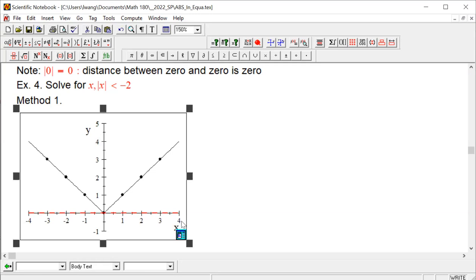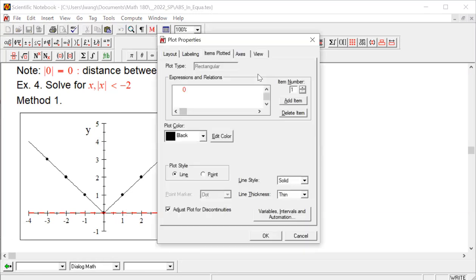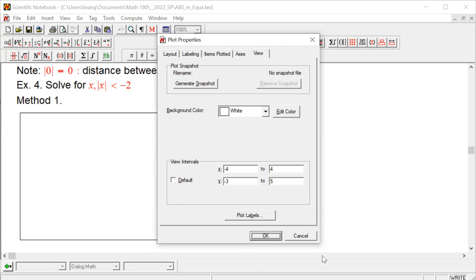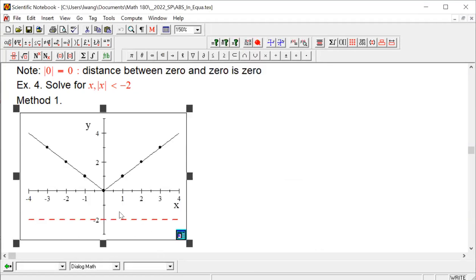Less than -2. So this horizontal line will be drawn, but it's not going to be 0 this time. It's going to be -2, not -3, -2. And I would adjust this to frame.